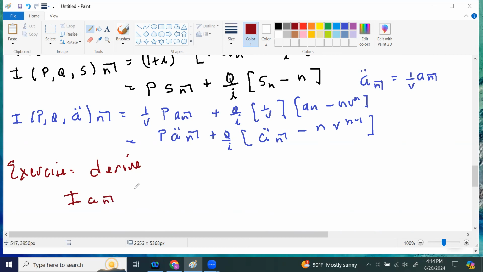And this is going to look a little bit different, but we're going to get this minus n v to the n from first principles.